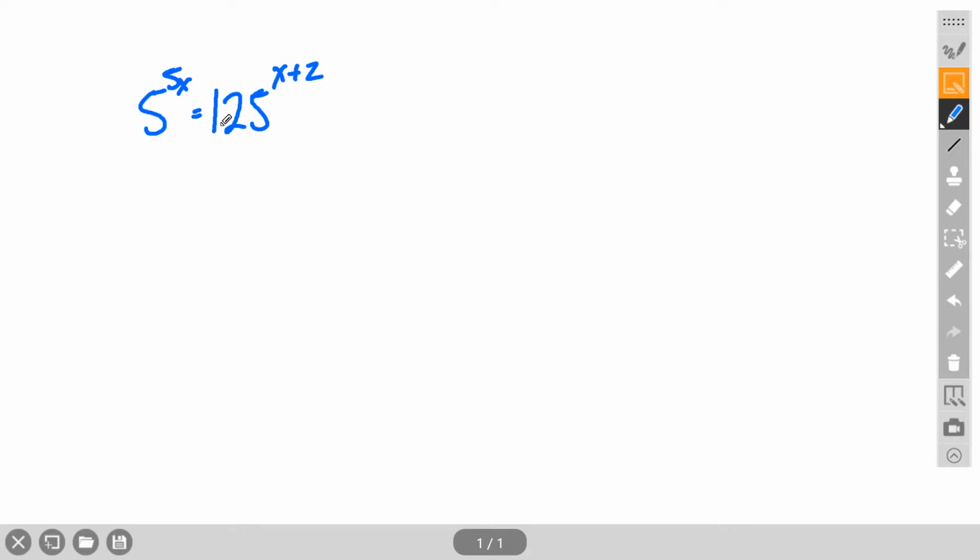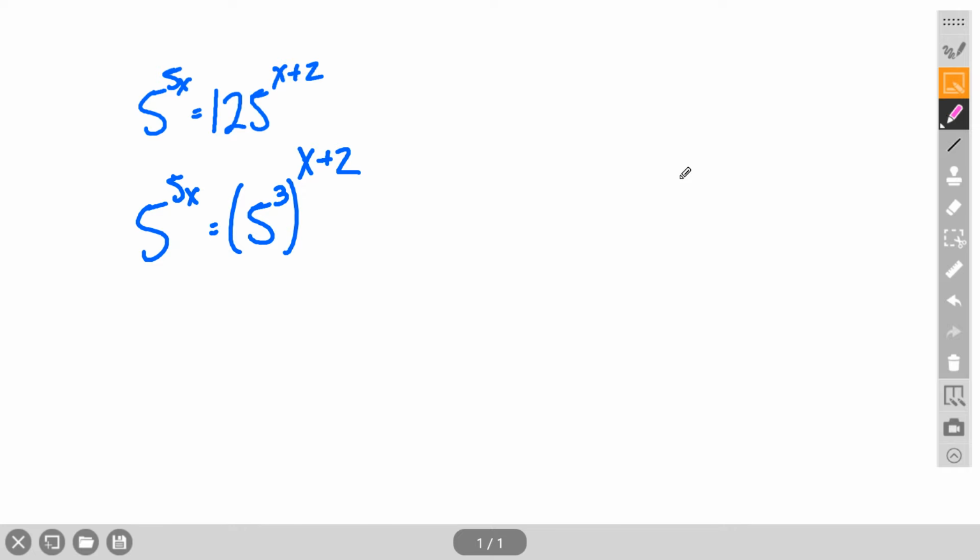So that means we need to rewrite 125 as a base of 5. So this would be 5 to the 5x equals, and we can rewrite 125 as 5 cubed, 5 to the third power.